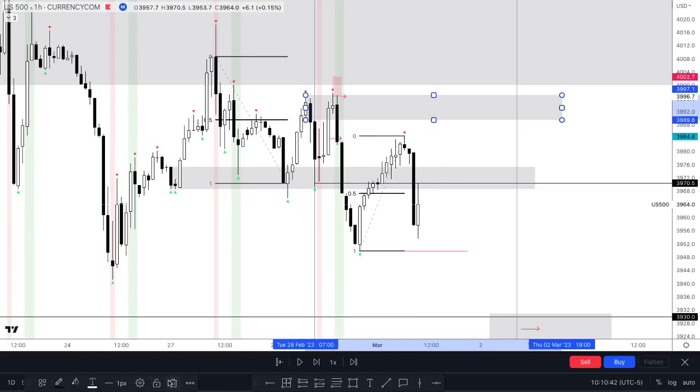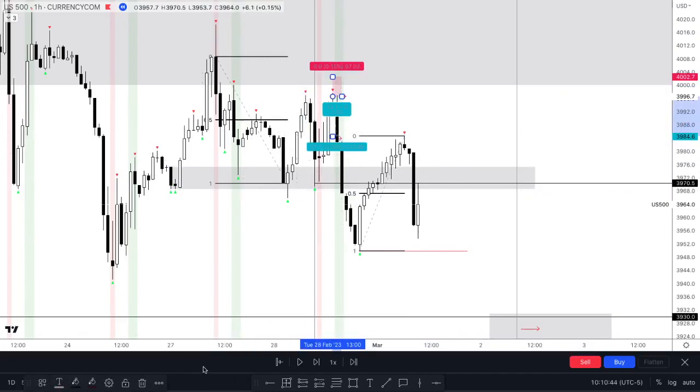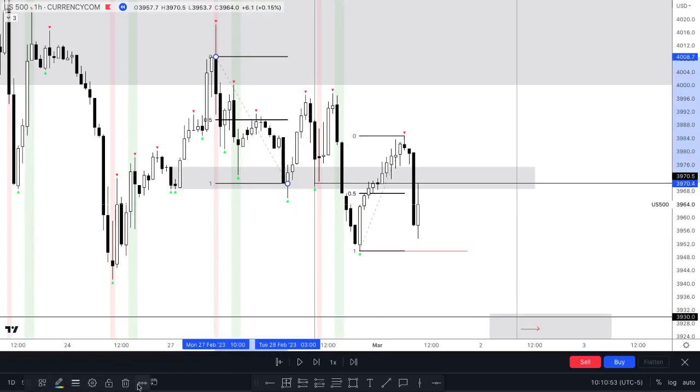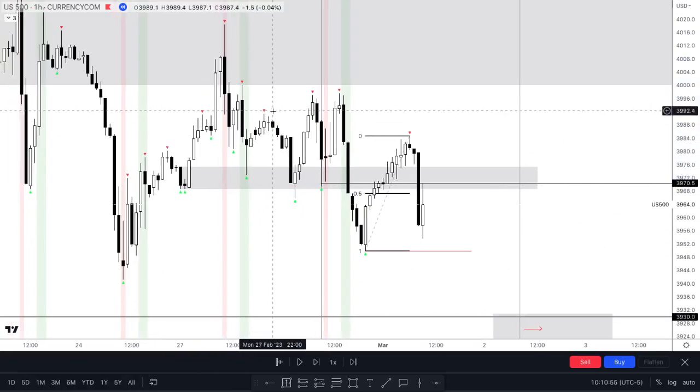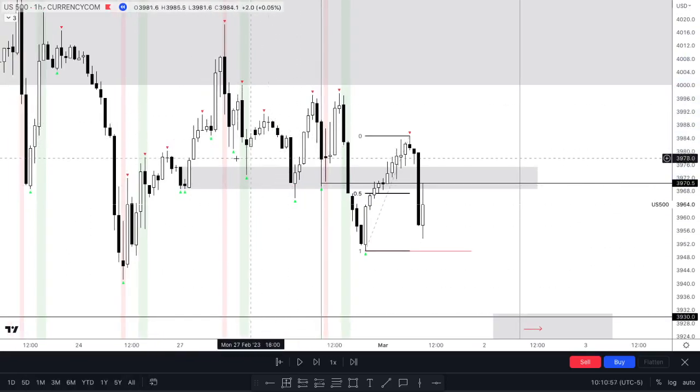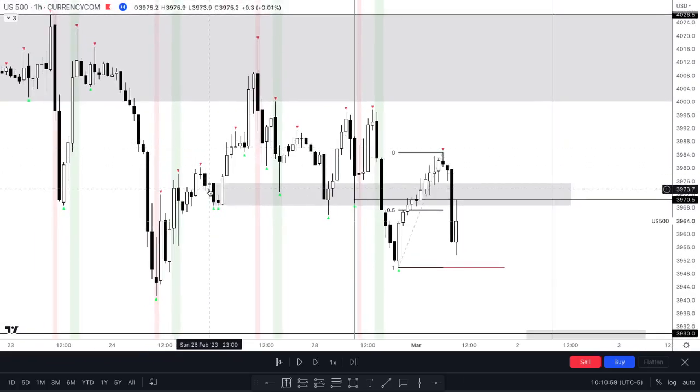I'm gonna clear up this chart a little bit for you. So this is a breaker here. I know you know what a breaker is.